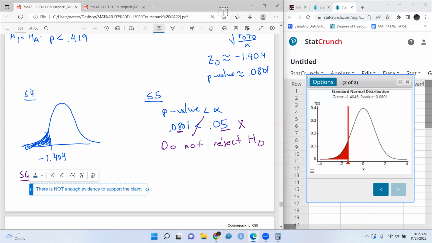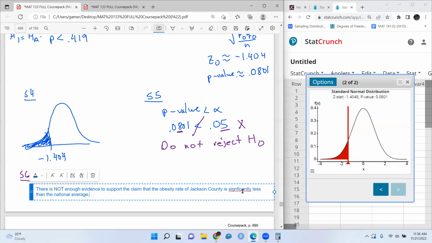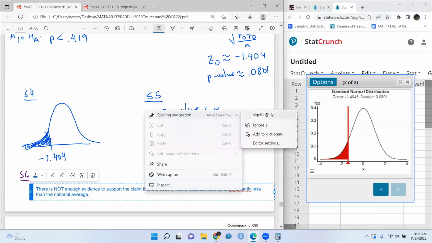to support the claim that the obesity rate of Jackson County is, if we were really precise, significantly less than the national average. But you're right, that might actually be better to say than what the national average is.